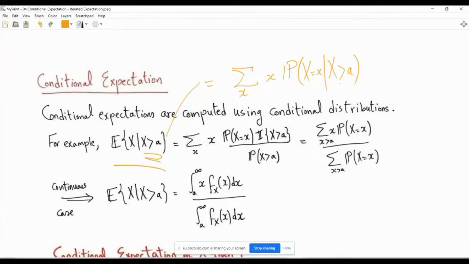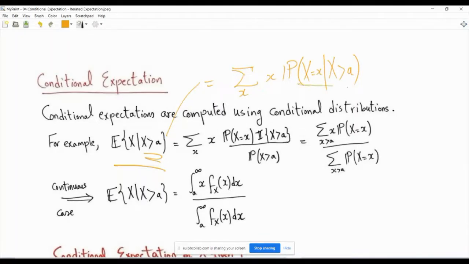Conditional expectation, in one sentence: you use the distribution in computing expectations. If you are conditioning on something, you will not use the distribution, you will use the relevant conditional distribution. If you want an expectation given x greater than a, then you use the PMF given that big X is greater than a.